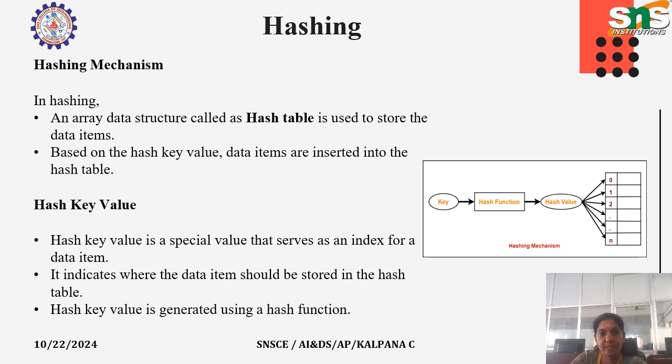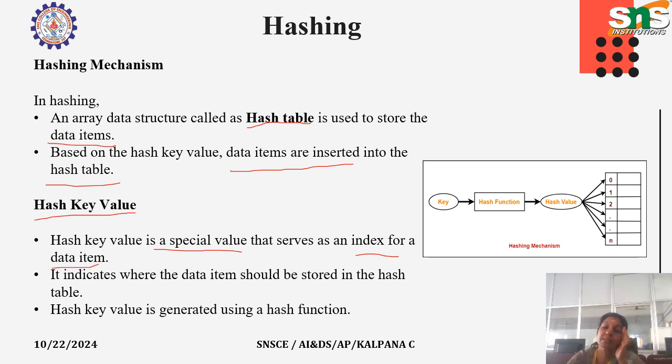Next is the hashing mechanism. To perform hashing we need a data structure, which is the hash table. It is used to store the data items, our elements. Based on the hash key value, the data items are inserted into the hash table. I'll explain with an example how the data elements are inserted. Here the hash key value is a special value that serves as an index for the data item.